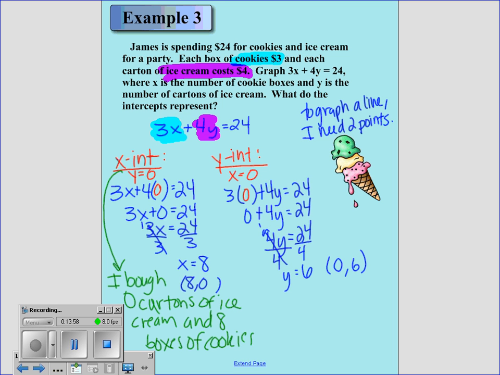Well, when x equals 0, that means I bought 0 boxes of cookies and how many cartons of ice cream? 6.